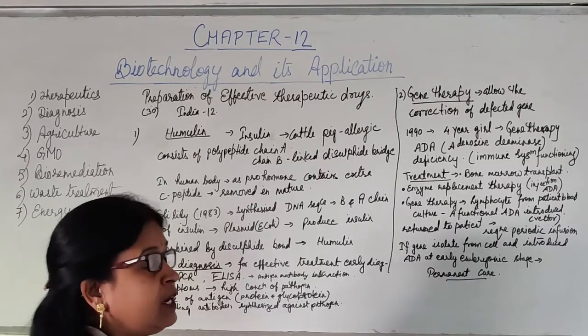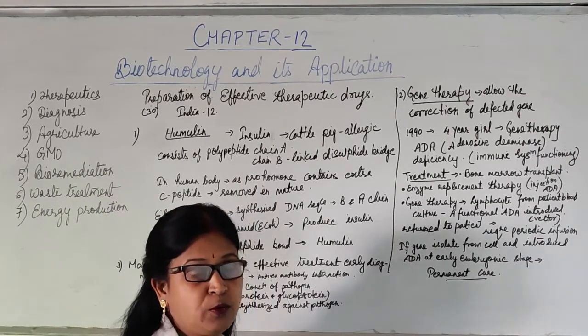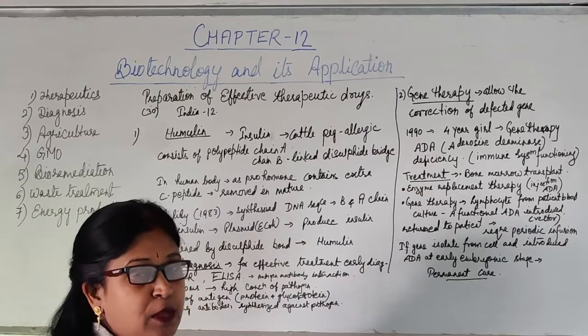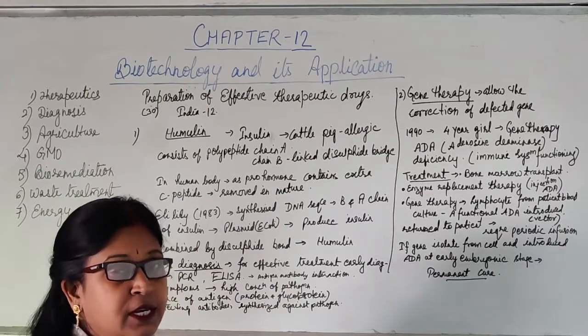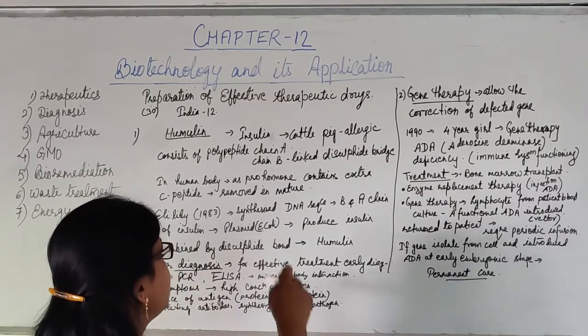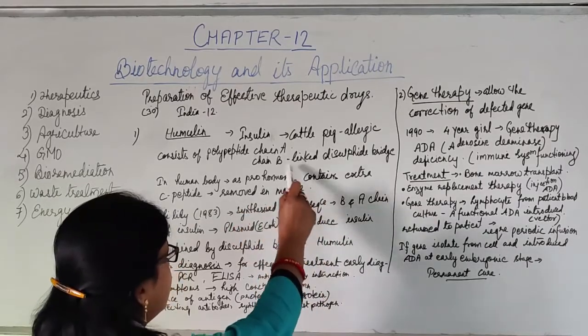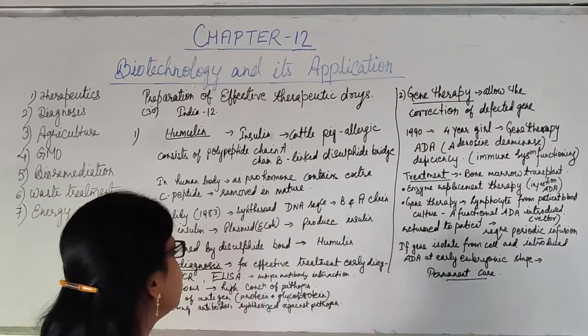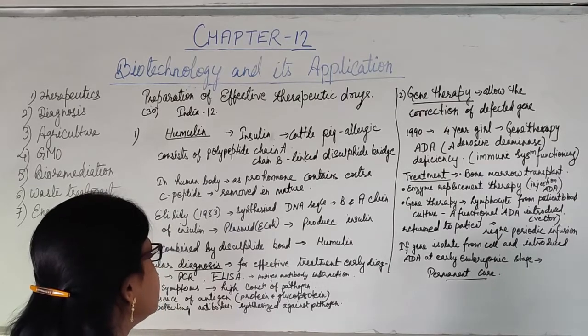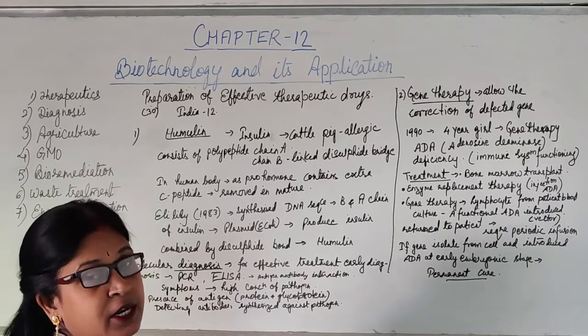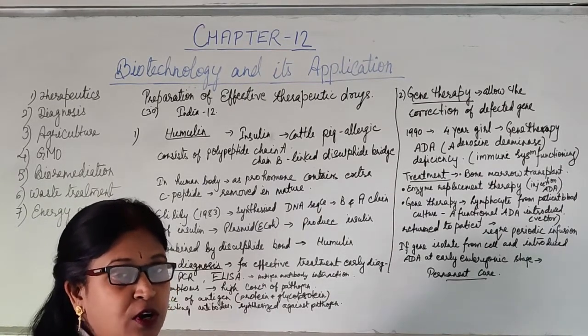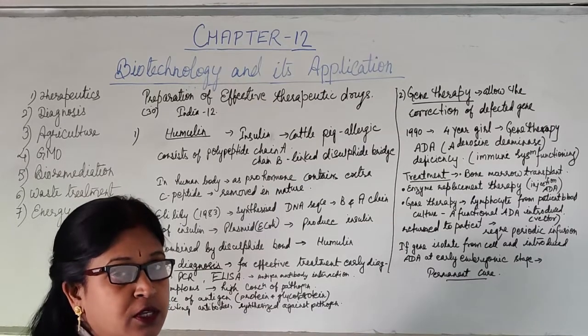In the human body, it is synthesized as a prohormone, in inactive form, but when it becomes mature, then it becomes active. So in prohormone condition, along with chain A and chain B, it also has C peptide, but it will be removed. It is not present in the mature insulin.